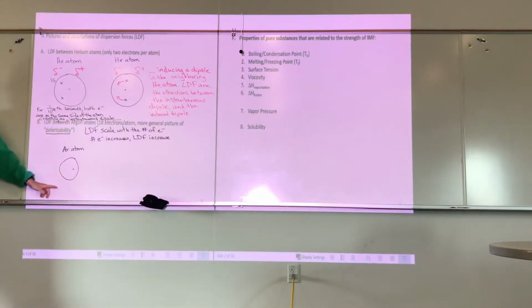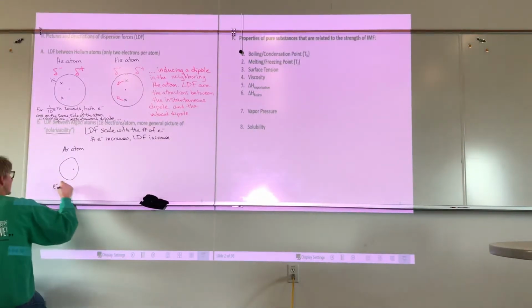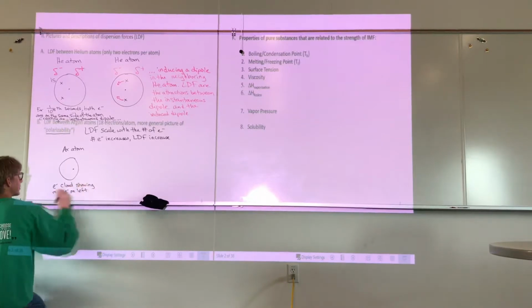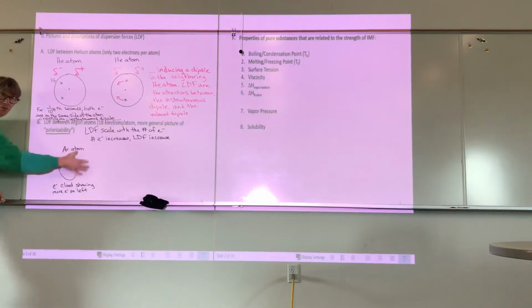So this is now the electron cloud showing more of the electrons on the left. And this is constantly moving because there are random fluctuations in it. That's what we're dealing with here, is random fluctuations.